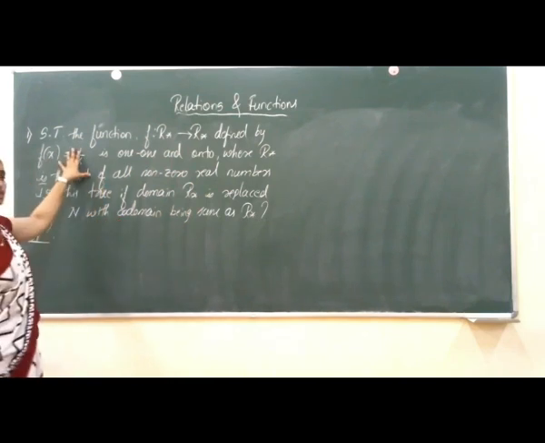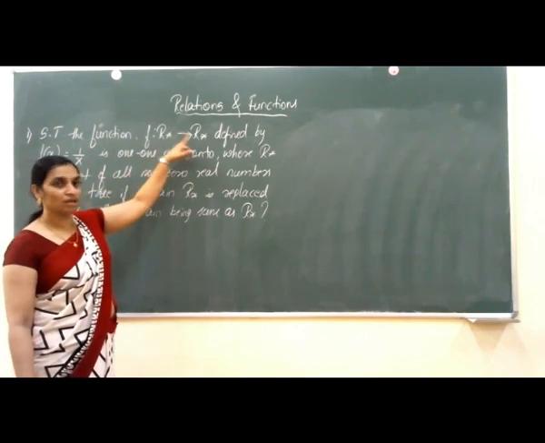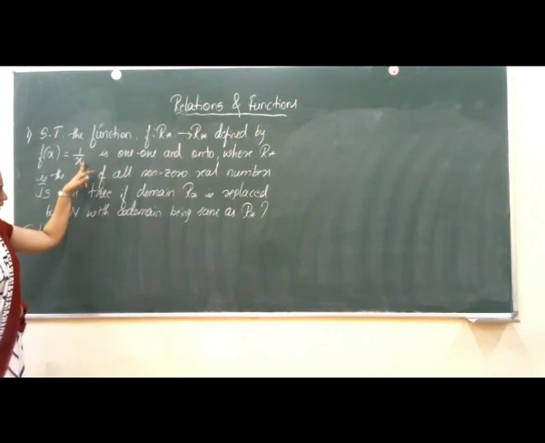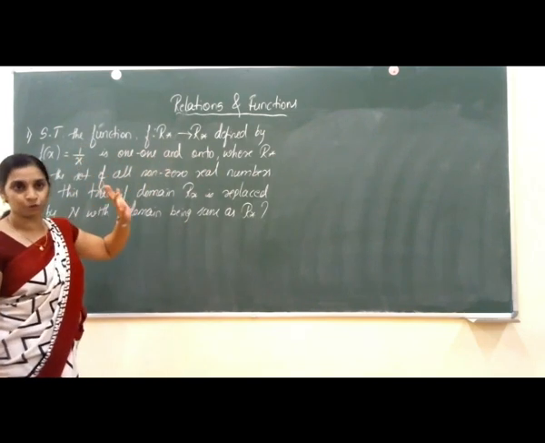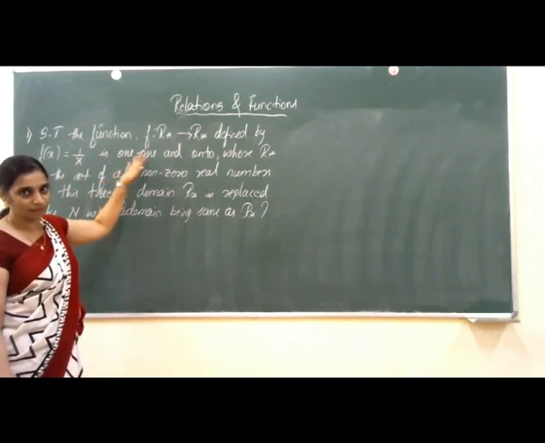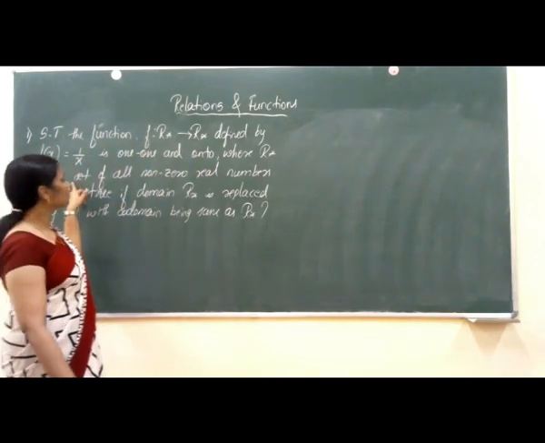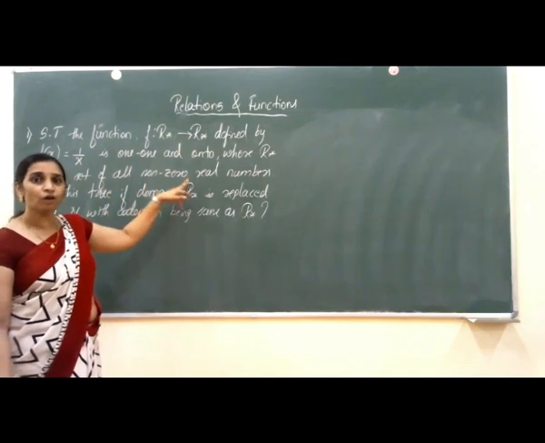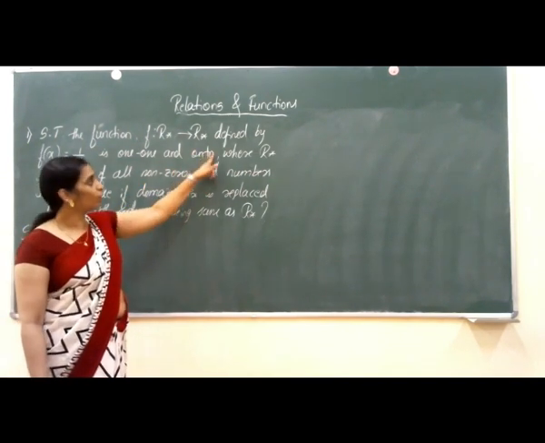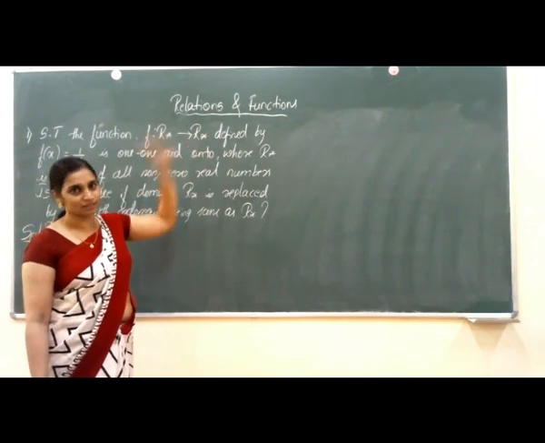Now the first question is, show that the function f from R star to R star defined by f of x is equal to 1 by x is one-one and onto. Already it is given, we need to prove the function is one-one and onto, where R star is a set of all non-zero real numbers. That means the number 0 is not included in the domain as well as the codomain.